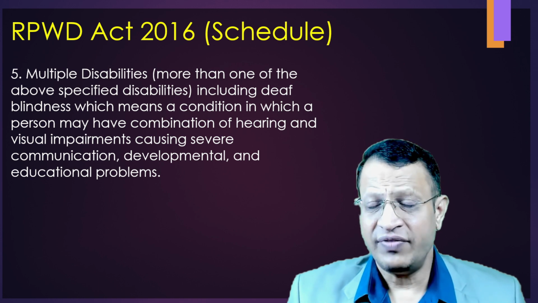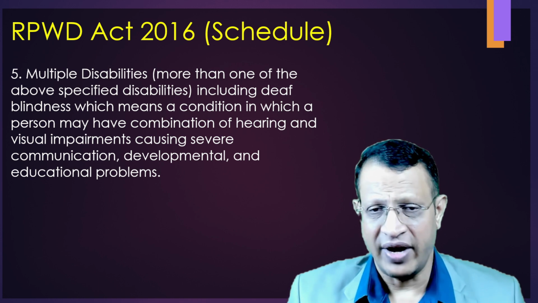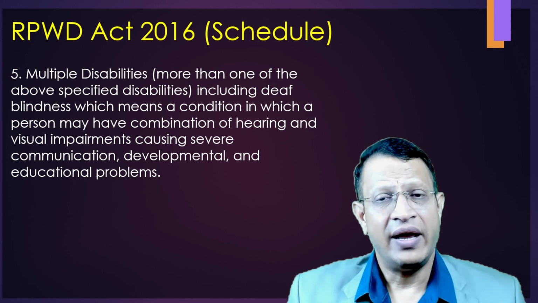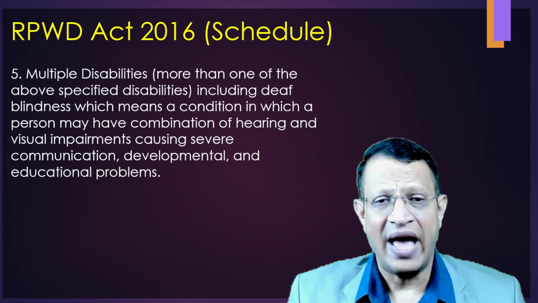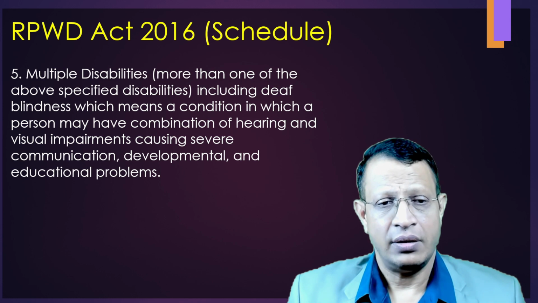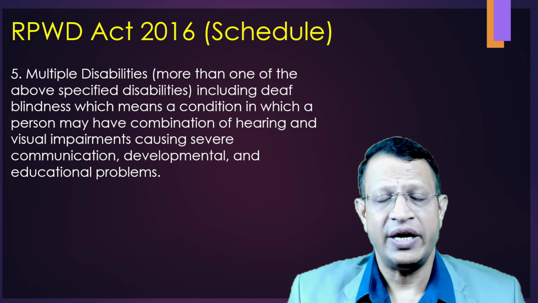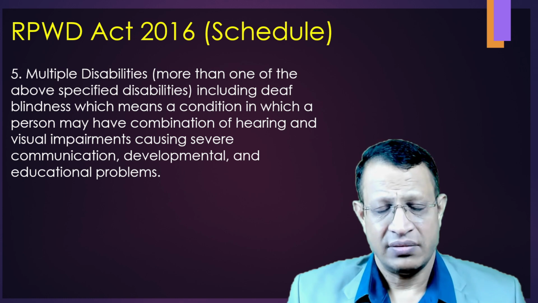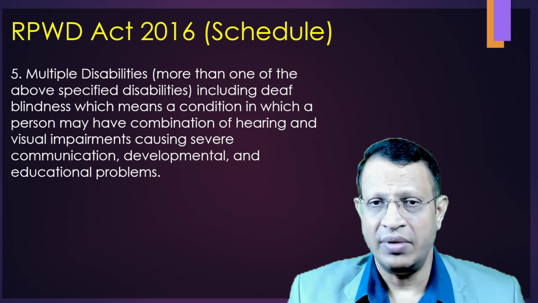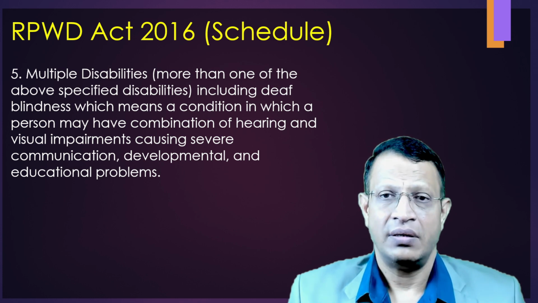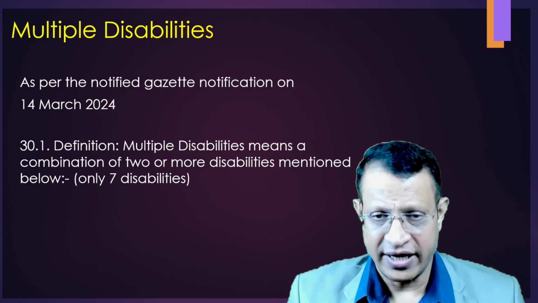Here, 21 different disabilities have been notified, including deaf blindness, which means a condition in which a person may have a combination of hearing and visual impairments, causing severe communication, development, and education problems. That means out of 21, the combination of any of these disabilities will be considered as multiple disabilities if you interpret the legislation, the RPWD Act.